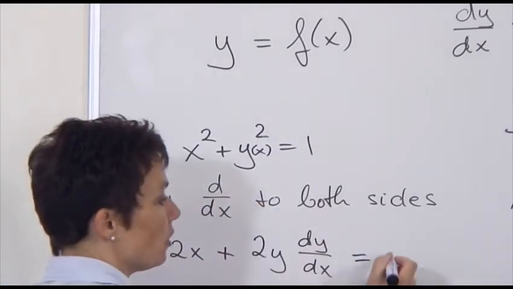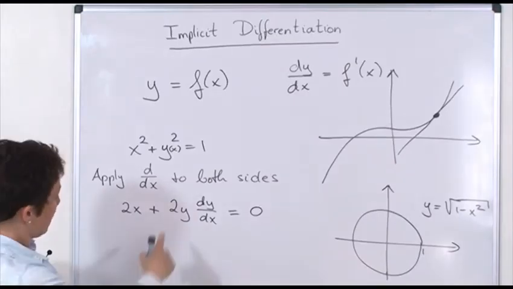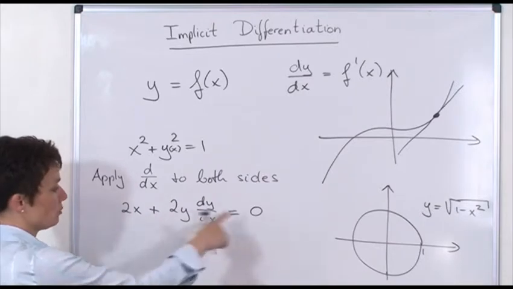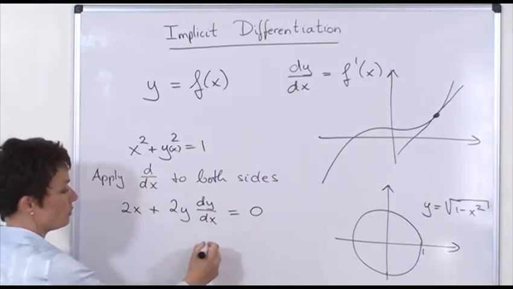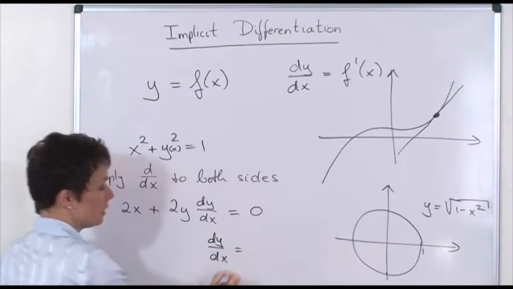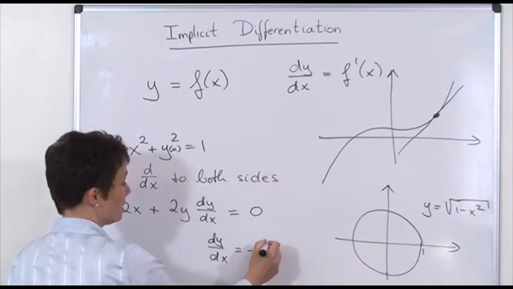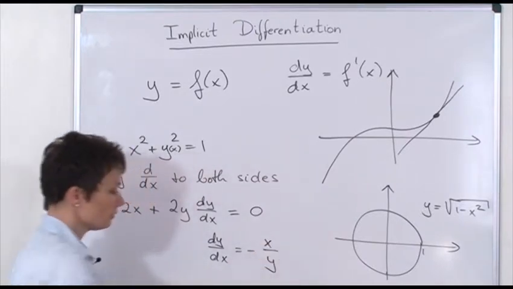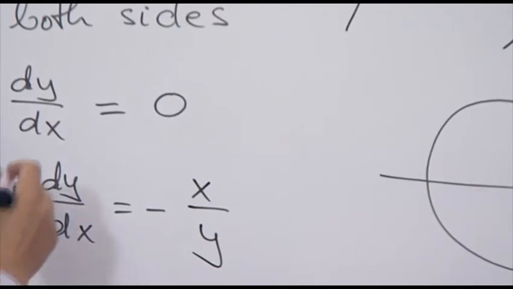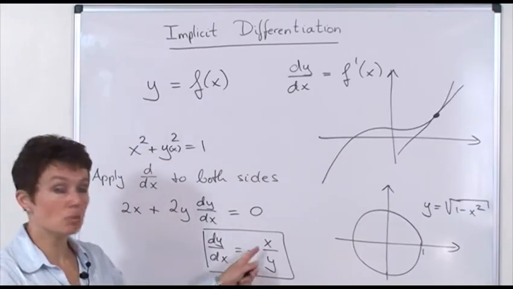The right-hand side is a constant, differentiated gives 0. So we can divide this equation by 2 and solve for dy by dx. What we end up with is that dy by dx is minus x over y, which is a very nice simple description of the derivative in terms of x and y.